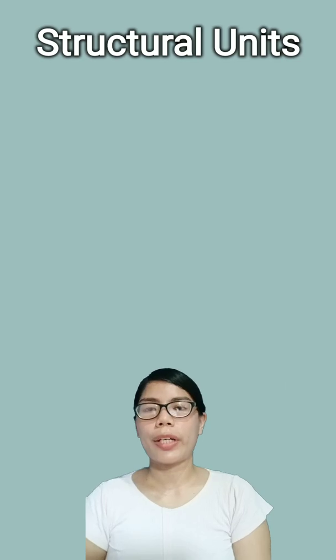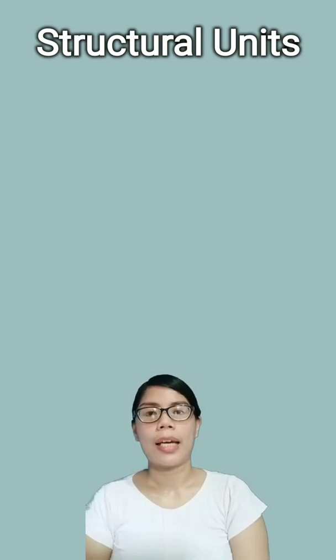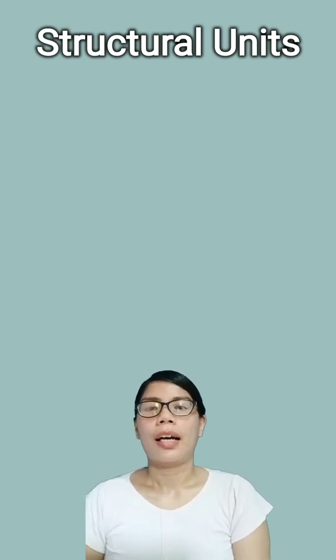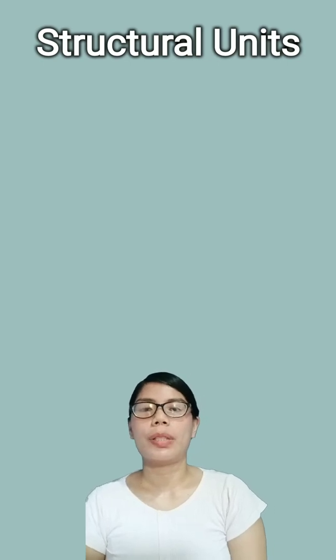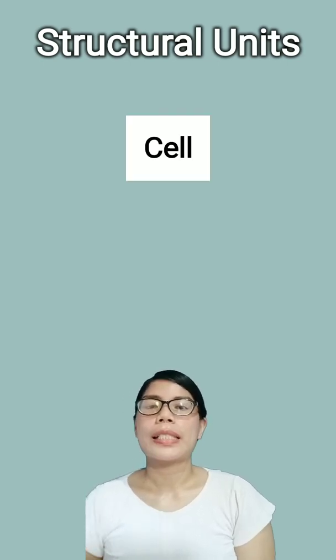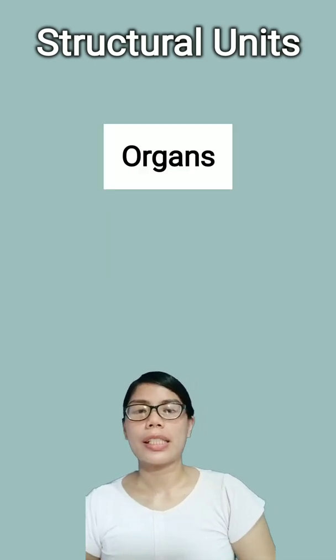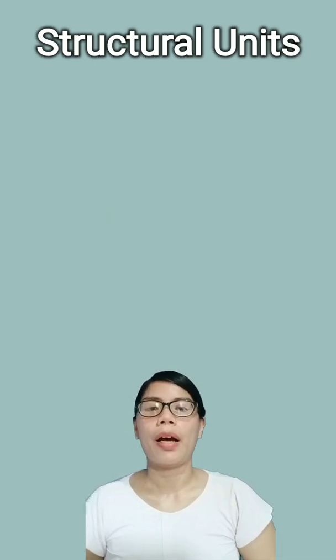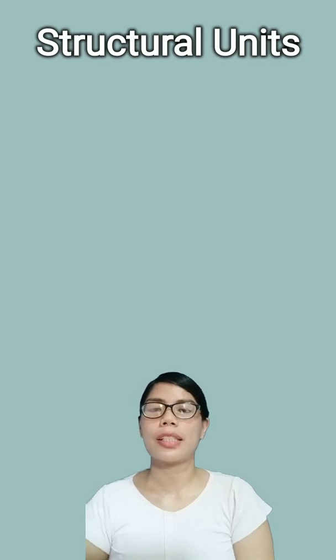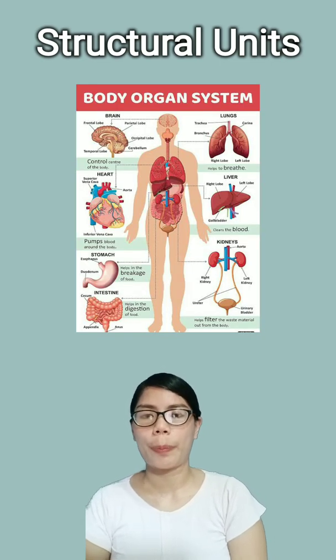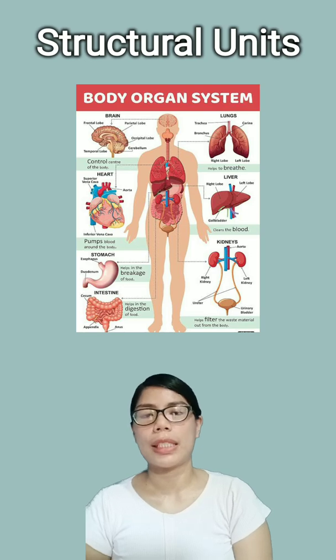The last reference is the structural units. The body has levels of organization that build on each other. Cells make up the tissues, tissues make up organs, and organs make up organ systems. Our bodies have specialized systems that maintain the internal environment to provide for the needs of the cells.